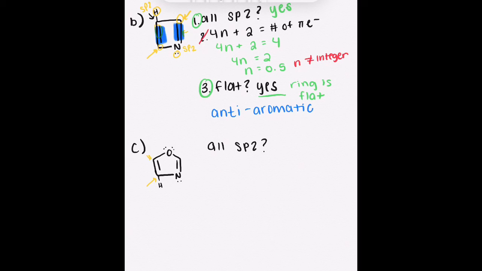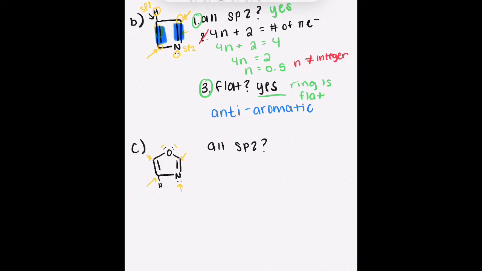So is this one, and the nitrogen. Now, when we look at the oxygen, it looks like it is connected to 4 things. 1, 2, 3, and 4.